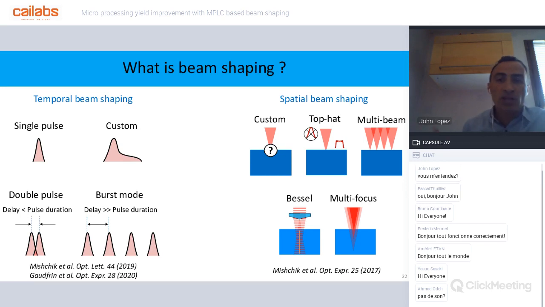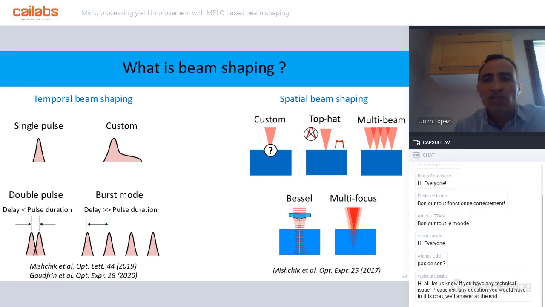The first one is that you have high contrast, so you can be very accurate. The second one is that the fluence is quite uniform for the top hat, which is very good for selective ablation and to be very accurate on the depth that you want to engrave. And the third advantage is that when you do deep processing, you can get very high aspect ratio patterns. I will show you in a few minutes.